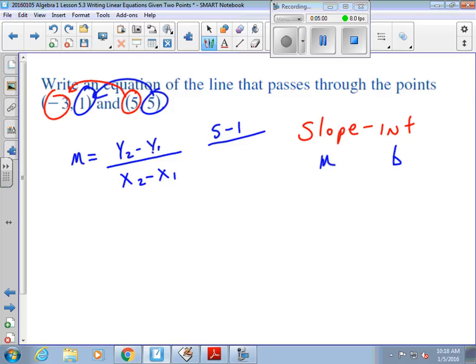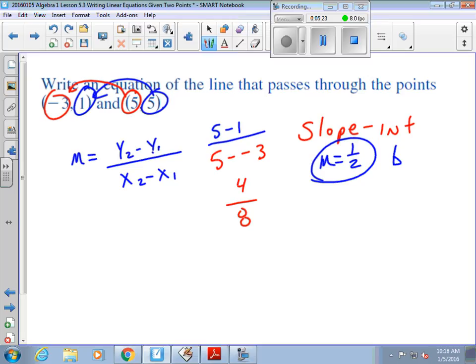Remember, anytime you have minus a negative 3, it's plus a positive 3. 5 minus 1 is 4, and 5 plus 3 is 8. This simplifies your m value to 1 half. That's step one, find the slope.